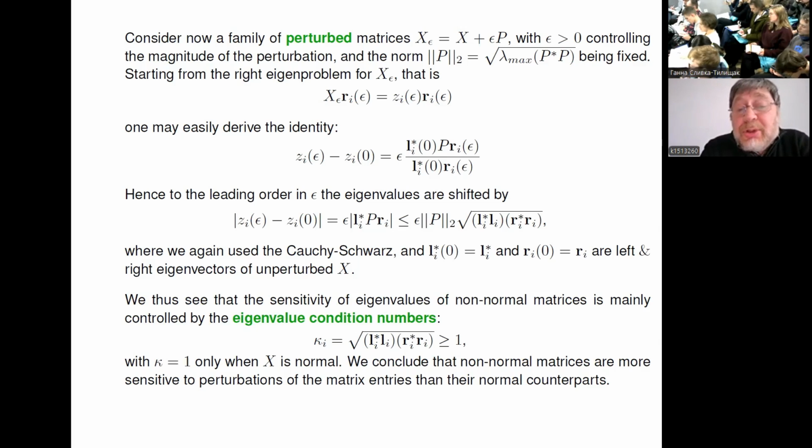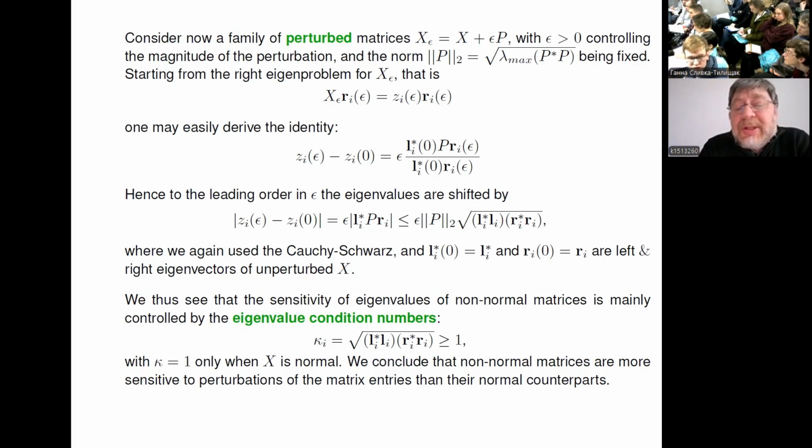Again, using the Cauchy-Schwarz inequality, we see that the magnitude of this difference between perturbed and unperturbed eigenvalue will always be smaller than, to the leading order, epsilon times the norm of this perturbation, which is considered fixed, times the combination that we already saw: the square root of the product of the norms of the right and left eigenvectors corresponding to the eigenvalue under consideration.